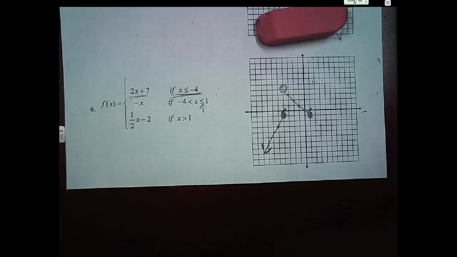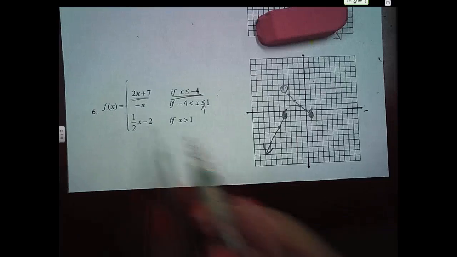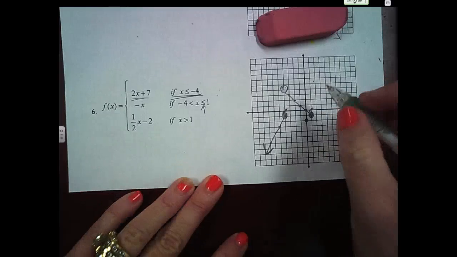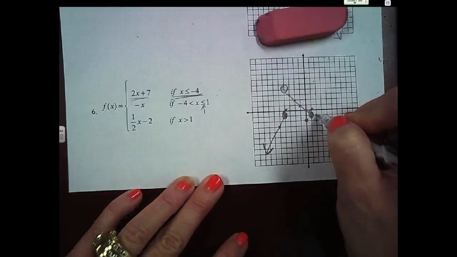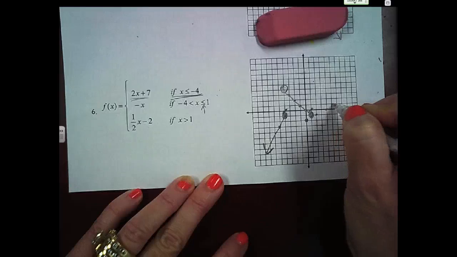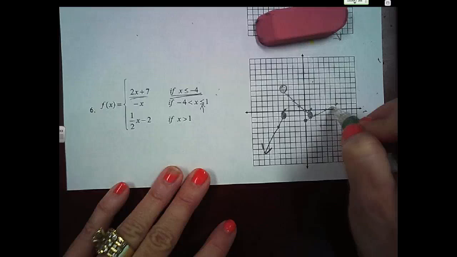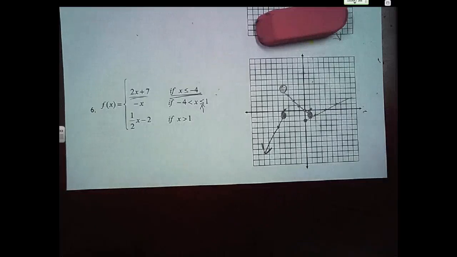The last one. Start at -2, and your slope is 1/2. So up 1 over 2. This is your line. Okay, it tells me x is greater than 1.